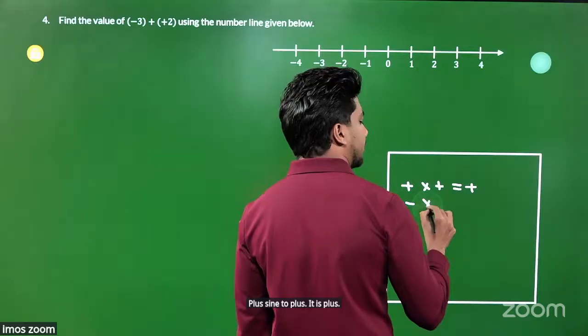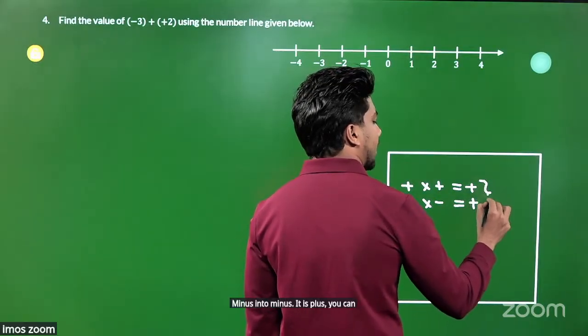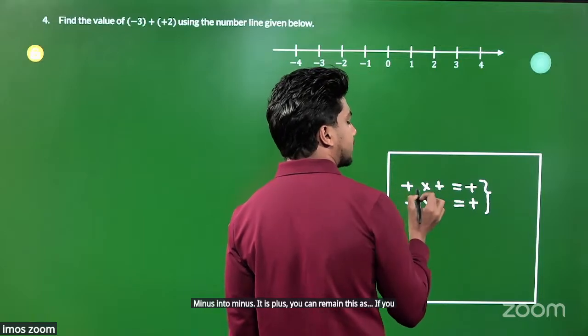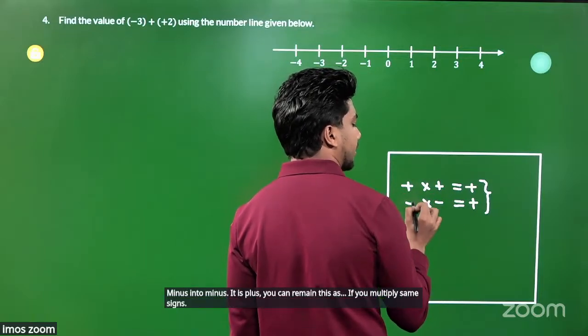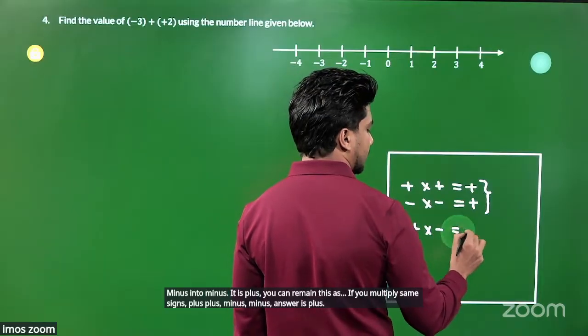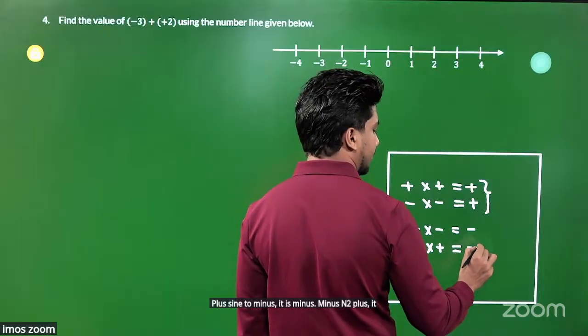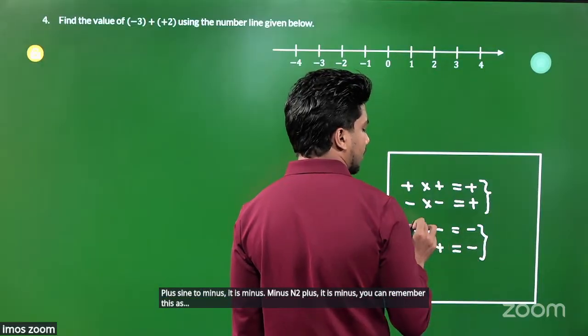Minus into minus, it is plus. You can remember this as: if you multiply same signs, plus plus, minus minus, the answer is plus. Plus into minus, it is minus. Minus into plus, it is minus.